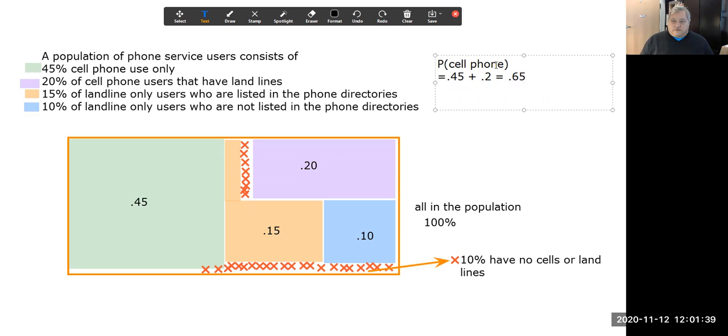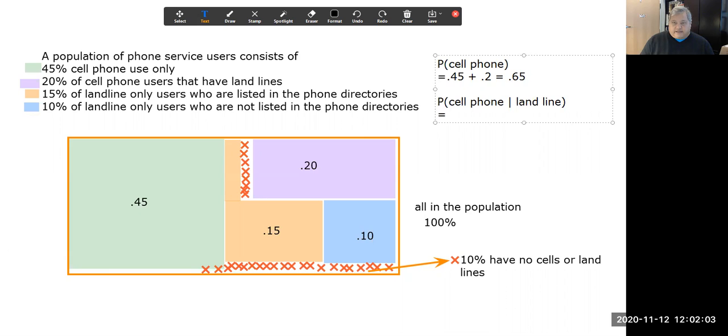I could also do the math with respect to the following computation. What is the probability that someone has a cell phone conditional on that they have a landline? So given that you see they have a landline, what's the chance they have a cell phone?